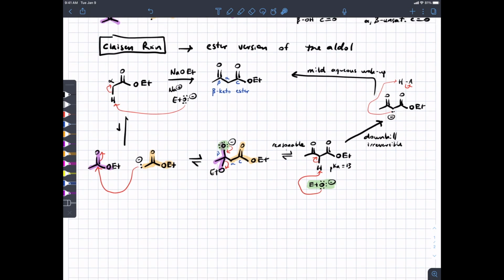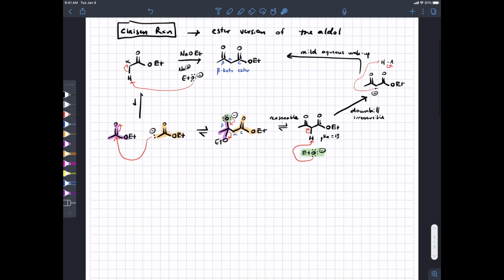So some ask, why do we deprotonate then reprotonate again? That's simply a practical issue reflecting the fact that when ethoxide leaves in this step, it's a good enough base to remove that proton that's alpha to two carbonyls. But in terms of, show me the mechanism, you could stop here.